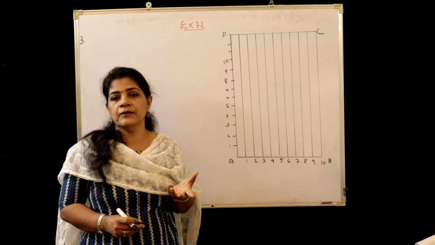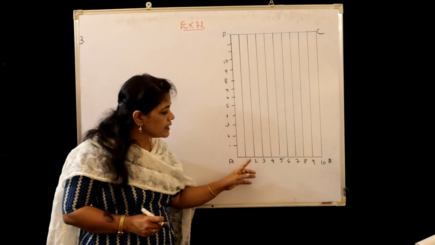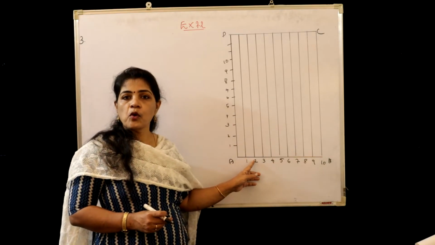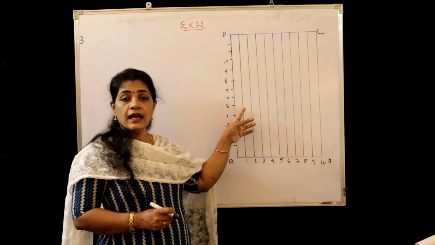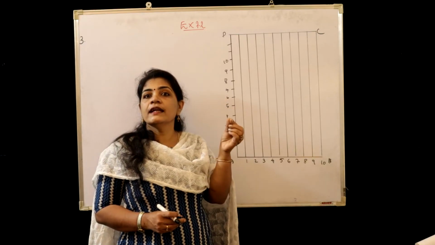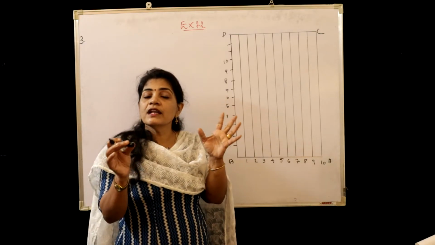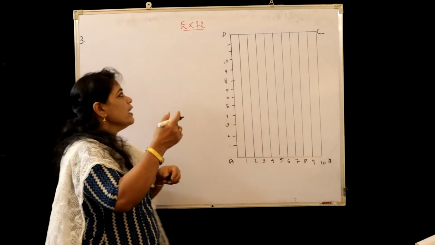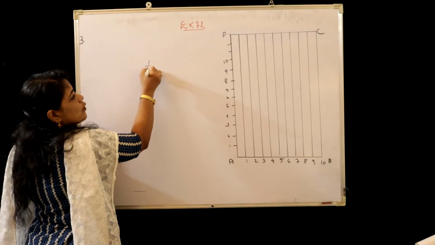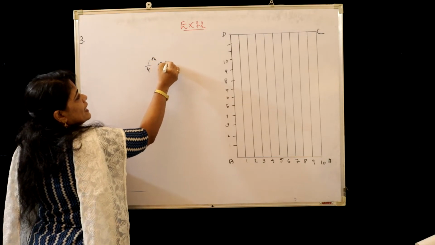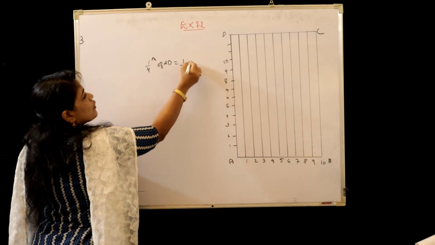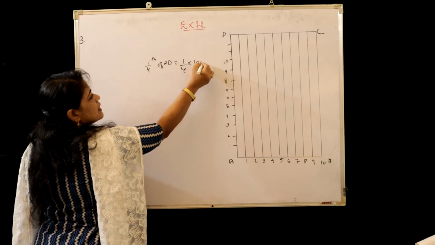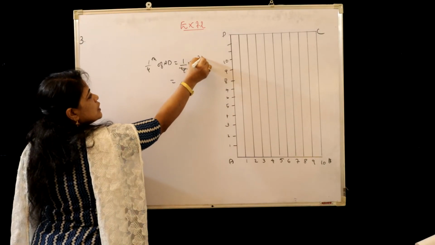Where exactly? She is from the second line and posts a green flag at 1/4 of AD. That coordinate is not directly given. This is the clue. 1/4 of AD means 1/4 of AD. The distance is given as 100. That is, 1/4 of 100 is 25 meters.